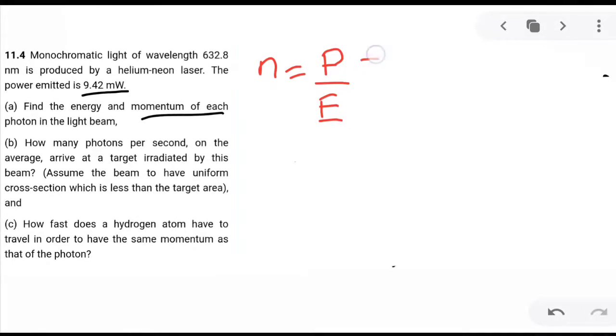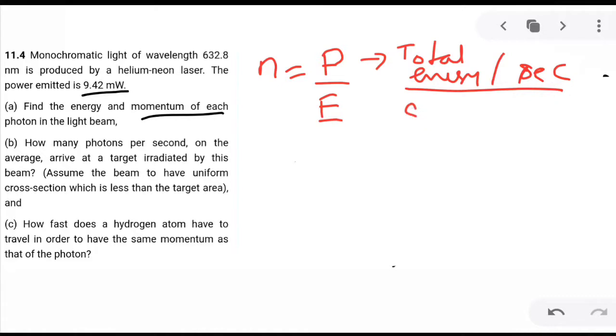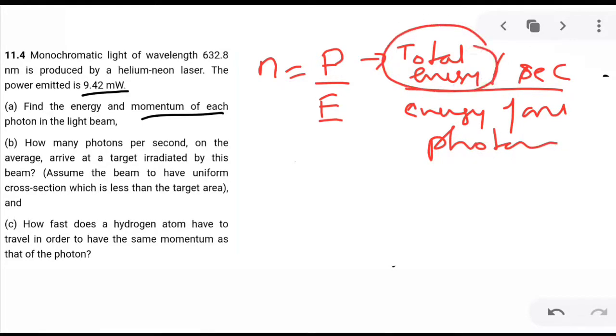See, power is total energy emitted by all photons per unit time, per second. And this is energy of one photon. So if you divide this, you will get the number of photons that are arriving per second.